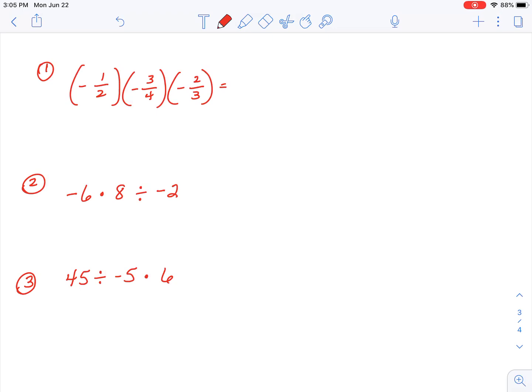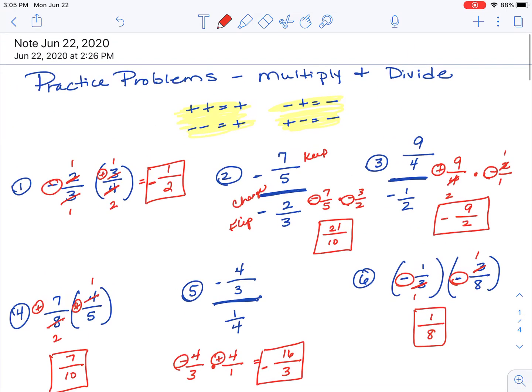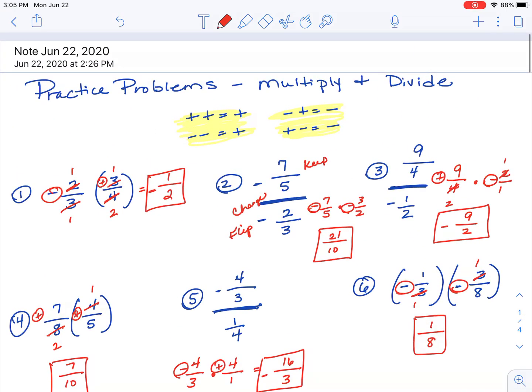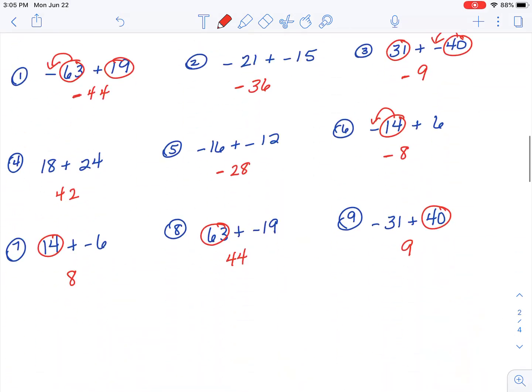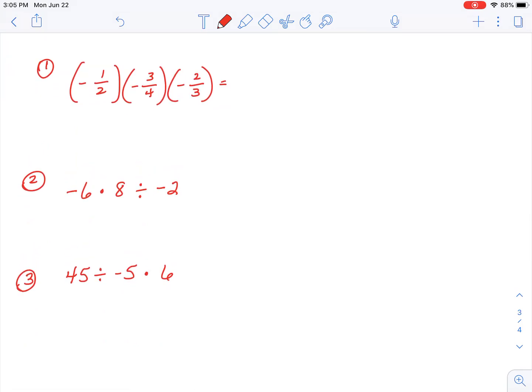Okay, do these 3. Remember your rules. Back up here for multiplication and division. Highlighted there in yellow. Once you get these finished or finish writing them down, hit pause.